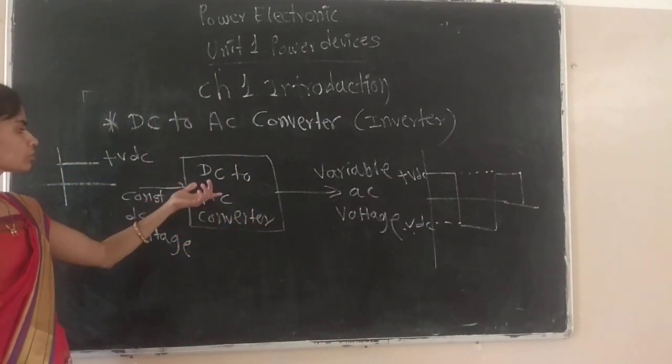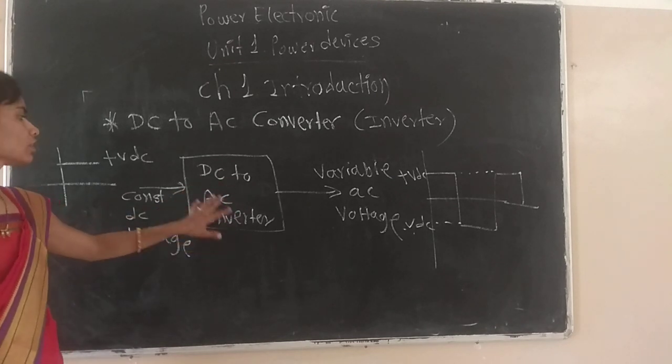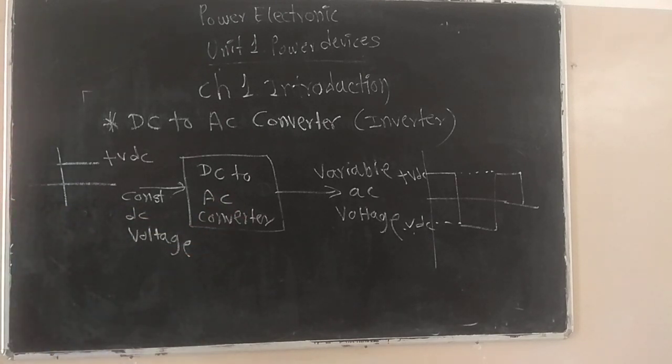In the block diagram, the first block is the DC to AC converter. In the DC to AC converter we give the input, that is a constant DC voltage.